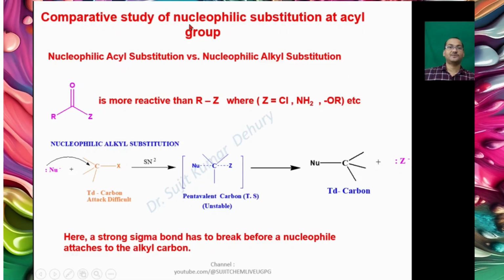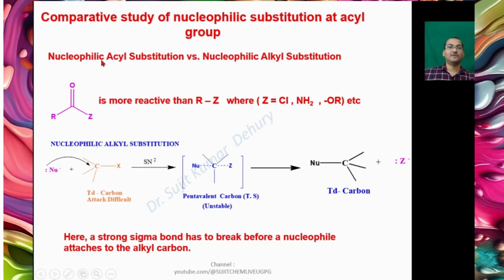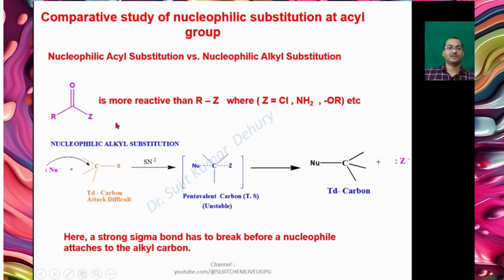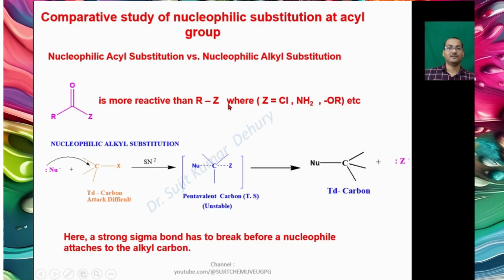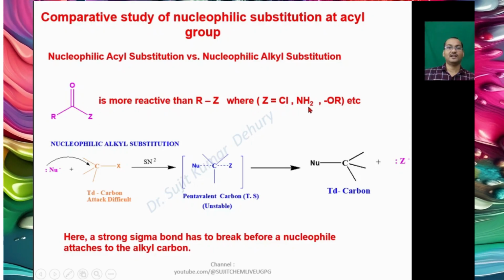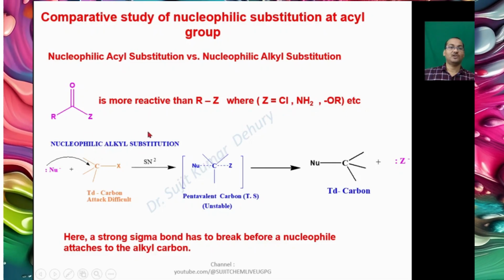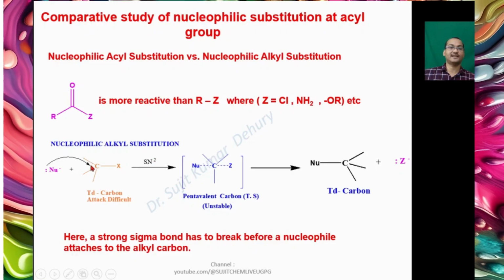Next is the comparative study of nucleophilic substitution at the acyl group: nucleophilic acyl substitution versus nucleophilic alkyl substitution. So RCOZ is more reactive than RZ, where Z equals Cl, NH2, OR, etc. We already know nucleophilic substitution reactions like SN2. The nucleophile attacks from the backside.